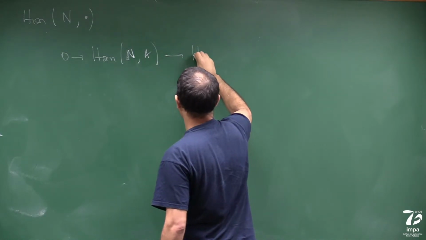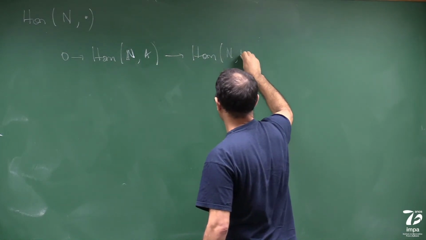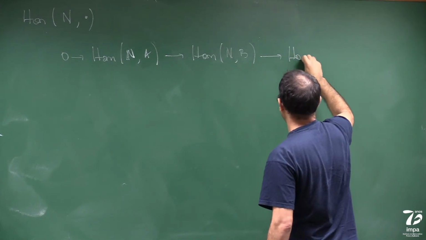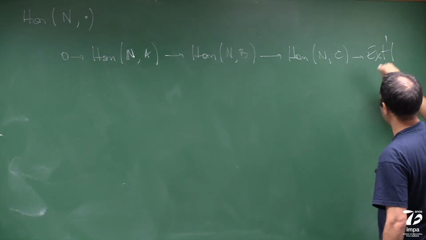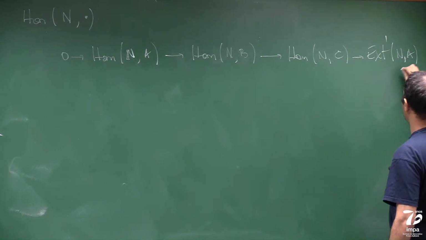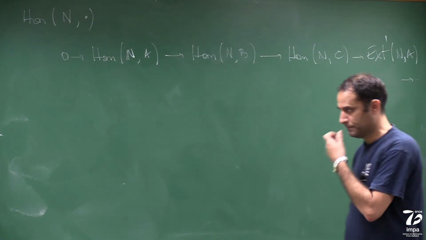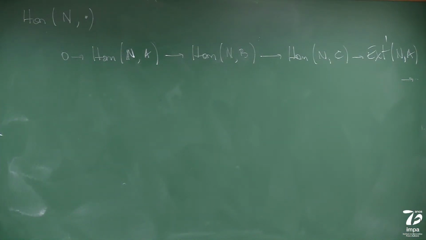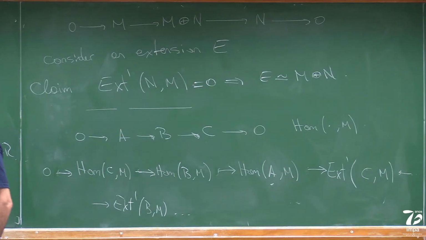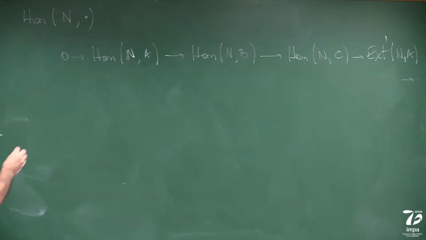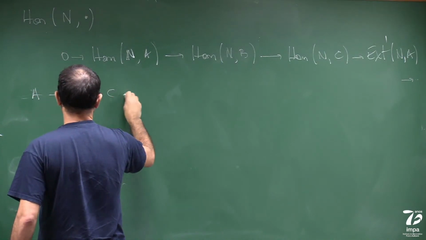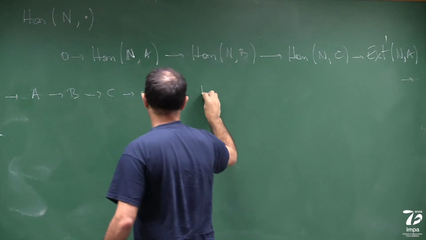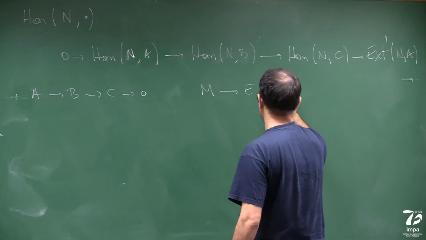You can compose to get a Hom(N, C), and you get a next one Ext^1(N, A), and so forth. And I want to apply this to the sequence A, B, C being my extension, M, E, N.